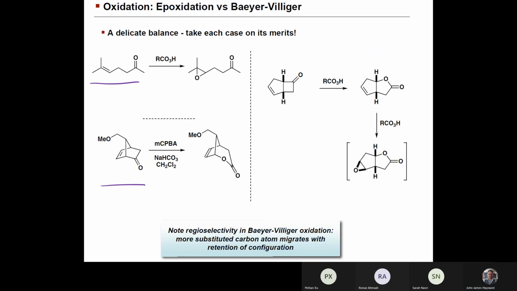Which one reacts in which direction? Well, we have a normal ketone in our first substrate.